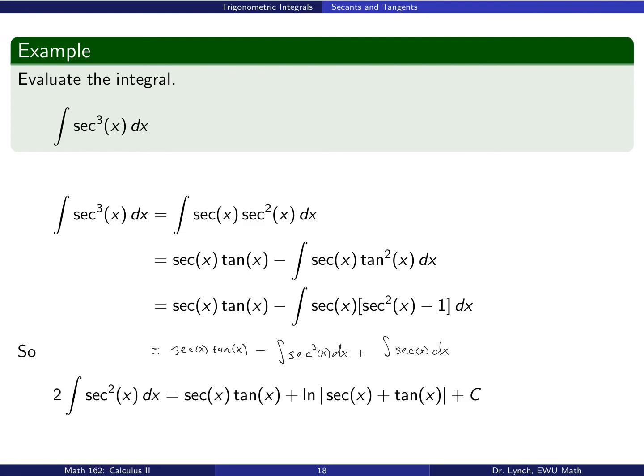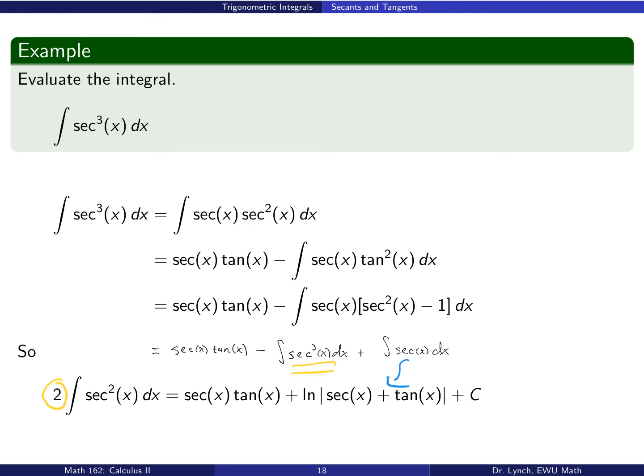So writing that single integral as two different integrals, we see that one of them is the integral of secant cubed, and the other one is the integral of secant. We can take that first integral, move it to the other side, and write two integrals of secant cubed has to be equal to secant x tangent x plus the natural log of the absolute value of secant x plus tangent x. Of course, that's the integral of secant that we found earlier.